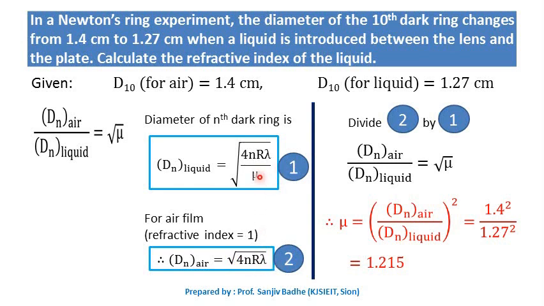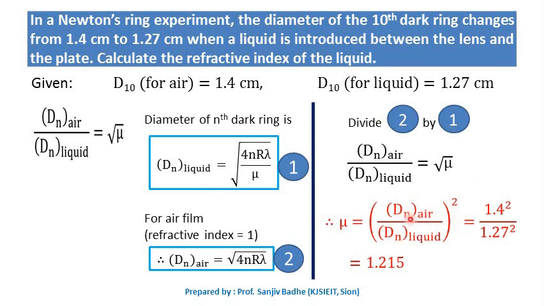Let us divide equation number 2 by equation number 1, and we can write the diameter of the nth dark ring with air film upon the diameter of the nth dark ring with liquid film equal to square root of mu, and therefore mu is equal to square of dn air upon dn liquid.